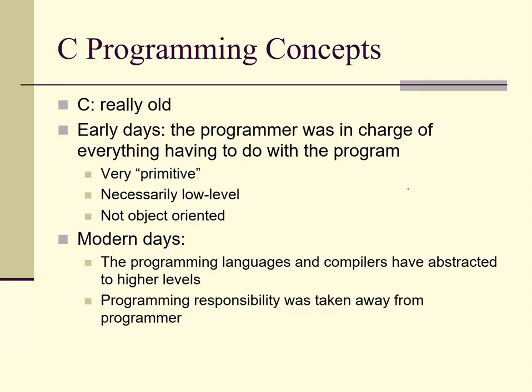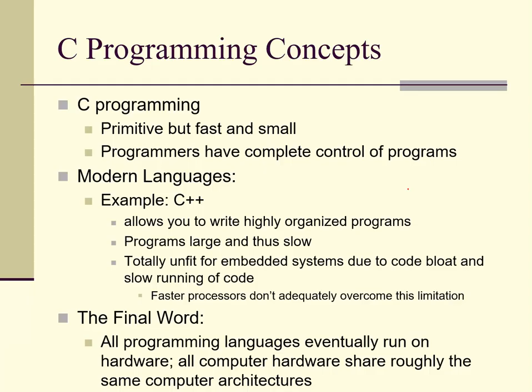The modern programming languages have abstracted some of the operations quite high, and they put a lot of functionality into the compilers as well. So the essence is a lot of the programming responsibility was taken away from the programmer. C is very primitive, but the programs you write are generally small and fast compared to higher level languages.